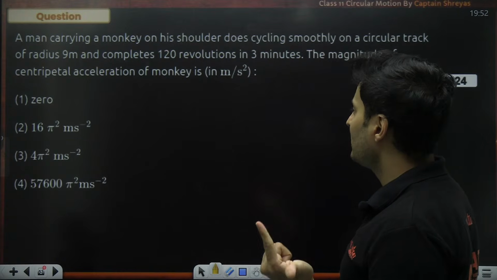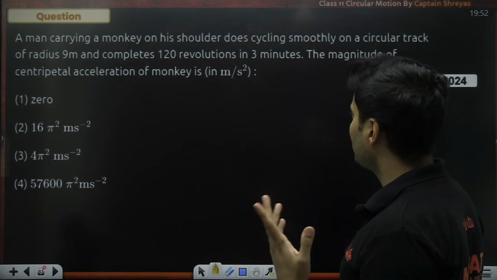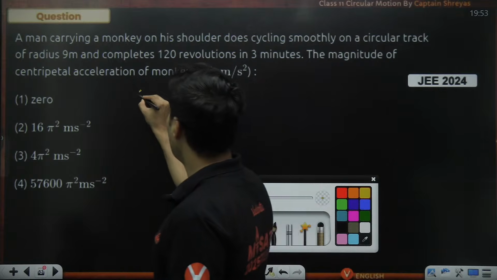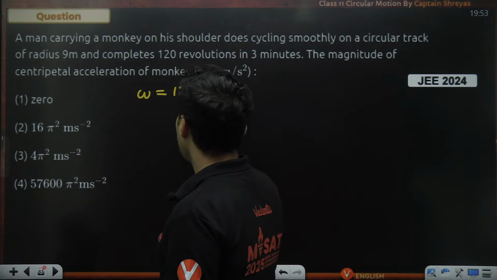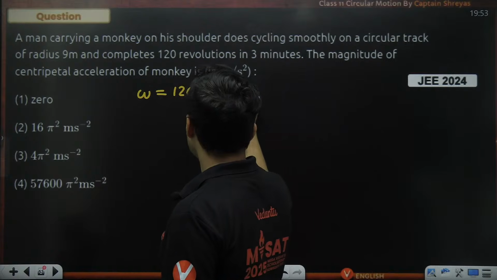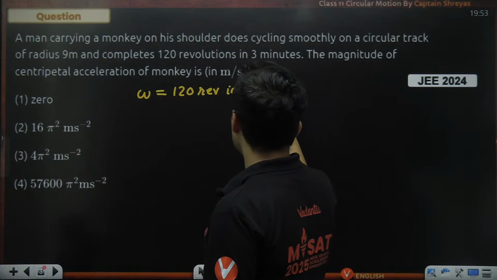So, radius is known, revolutions per minute is known. So, I think we can find omega first. Omega will be 120 revolutions in 3 minutes.